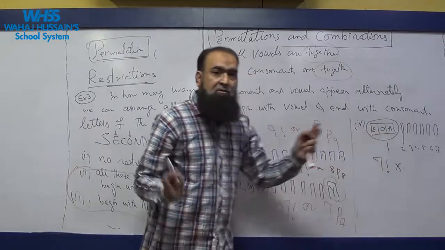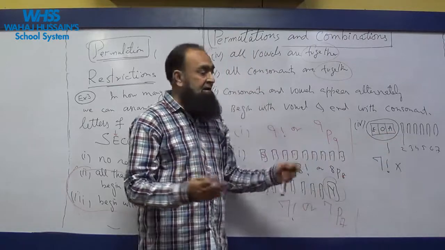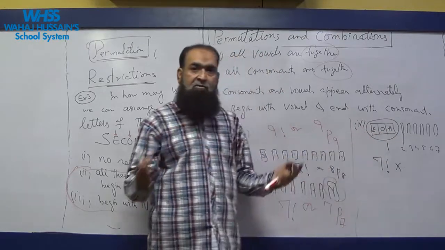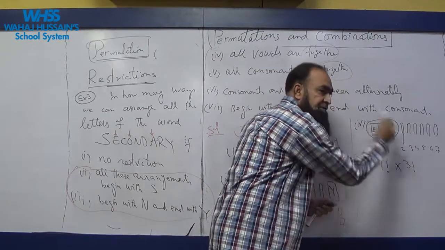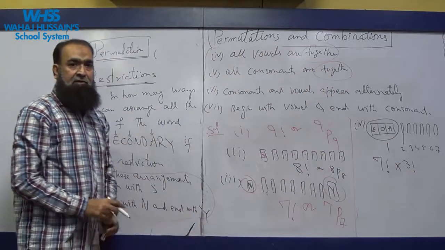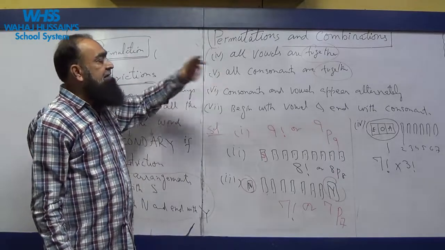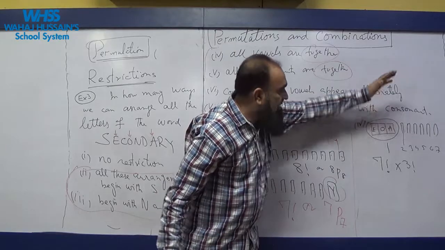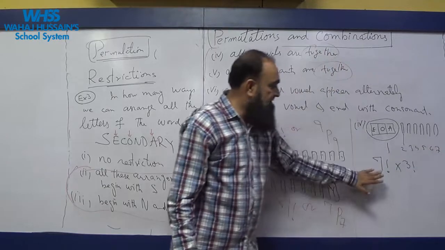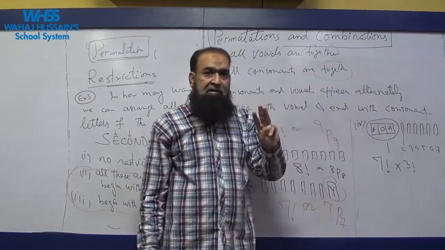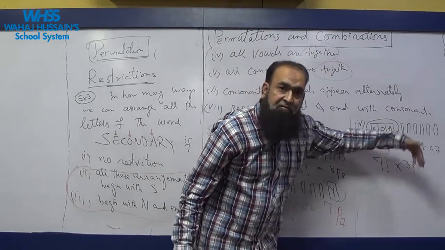It never said E, O, A together in that order. So O can come first, then E and then A, together; or A comes first, then O and then E, again together. So how many are there? 3 factorial, they can arrange themselves in 3 factorial ways. So I repeat, whenever objects are given as together, make a single block for the together objects, count it as 1, and then 1, 2, 3, 4, 5, 6, 7: 7 factorial. Then how many objects are there in the block? 3. So multiply by 3 factorial, because they can arrange themselves in 3 factorial ways.